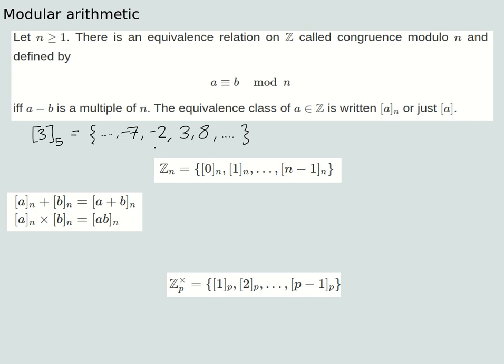What we observed was that for congruence modulo n, there are only n different equivalence classes. And those classes are the class of 0, the class of 1, the class of 2, up to the class of n minus 1. So the notation we used for this set of equivalence classes was Z_n, and the name was the integers modulo n.